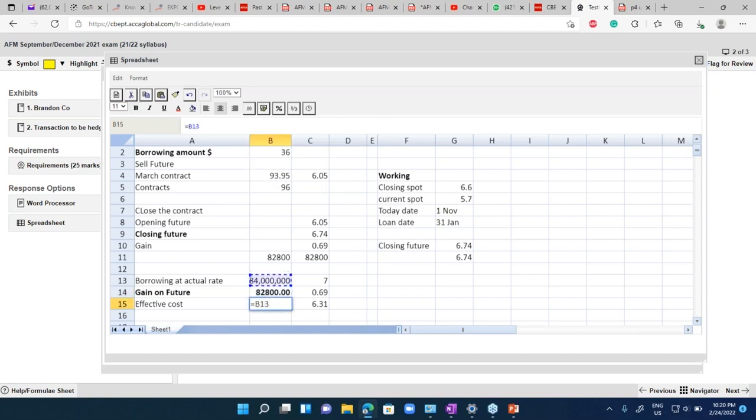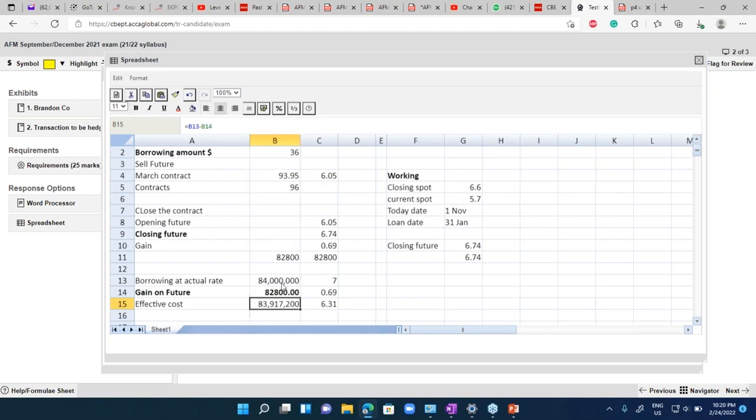And net amount will be... So that's how you are going to calculate the absolute amount, or directly you can solve in percentages.